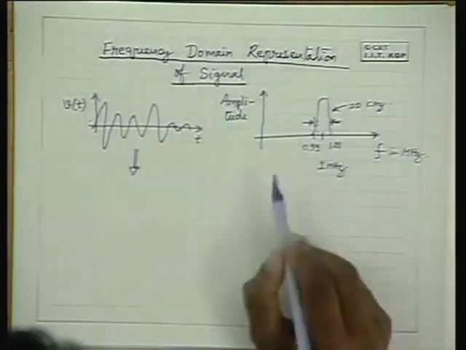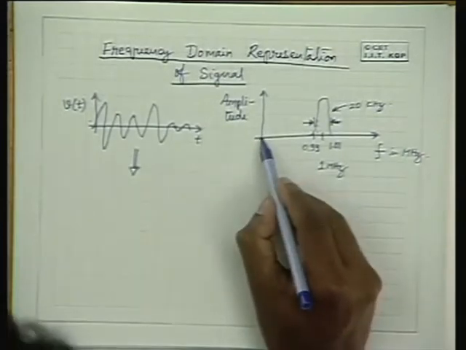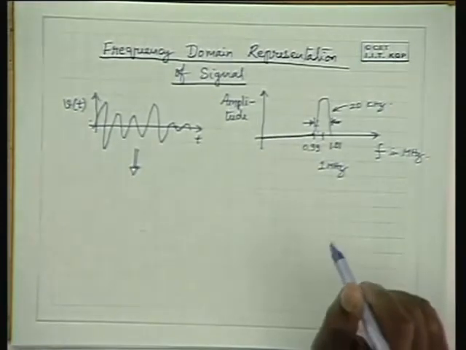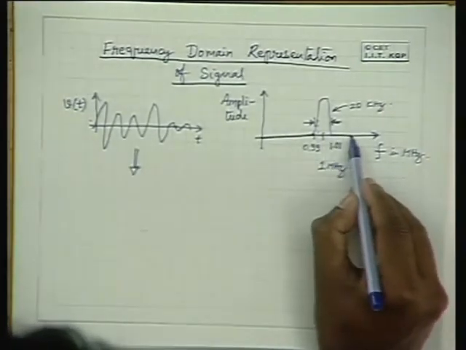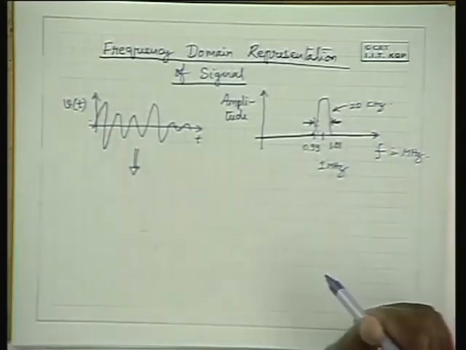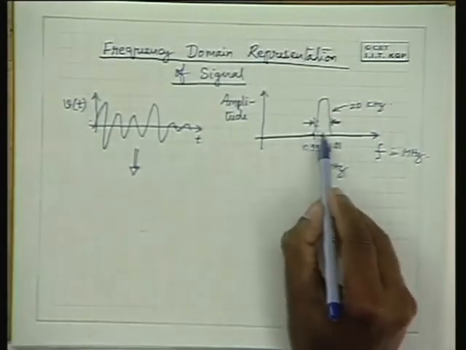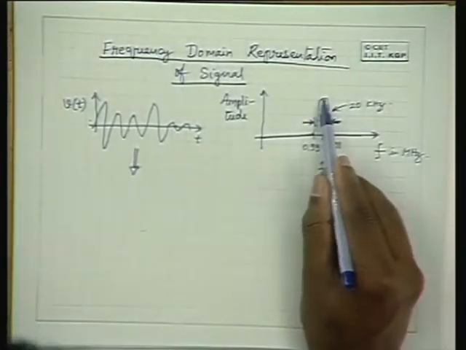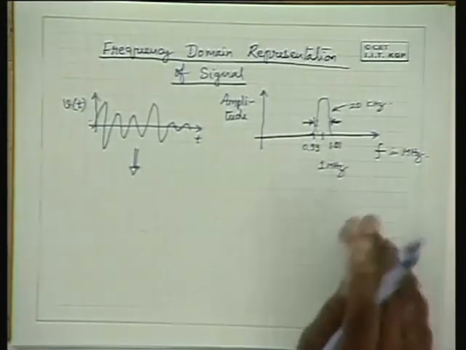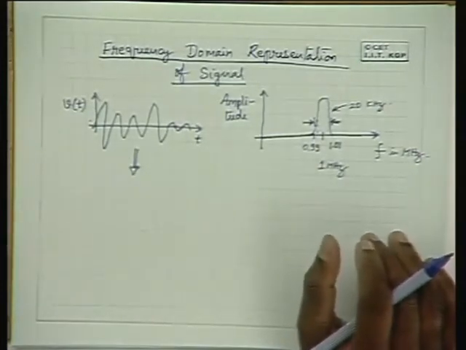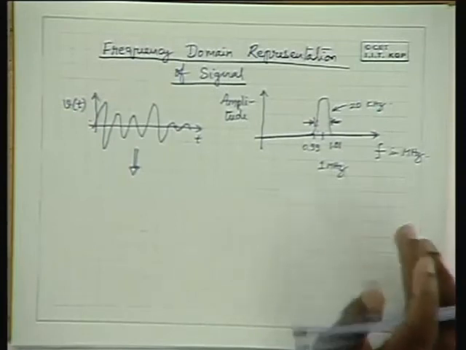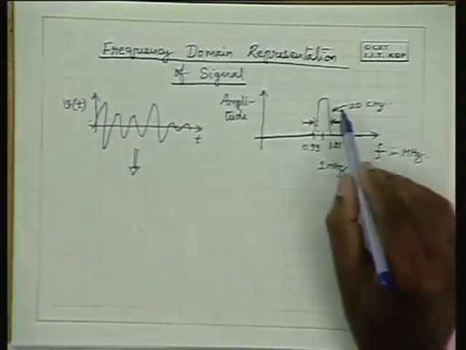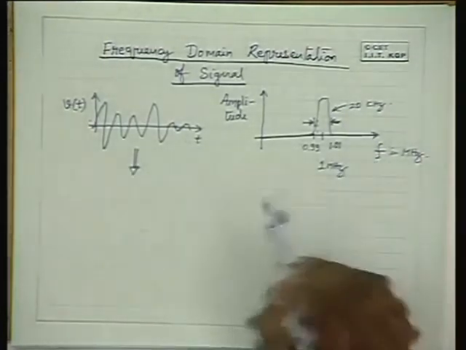Naturally, when you have that kind of a signal, you will understand that there are no frequency components up to 990 kilohertz, and there are no components beyond 1010 kilohertz. All the frequency components are within this band, and they have various amplitude levels like this. So this description is more informative than the direct signal. This is what is known as the frequency domain representation of a signal.